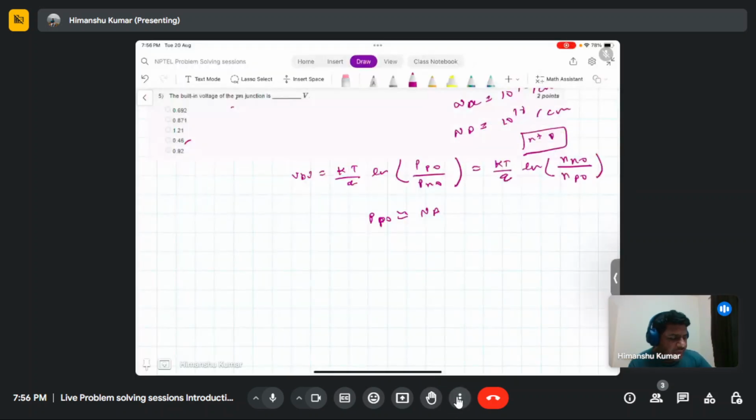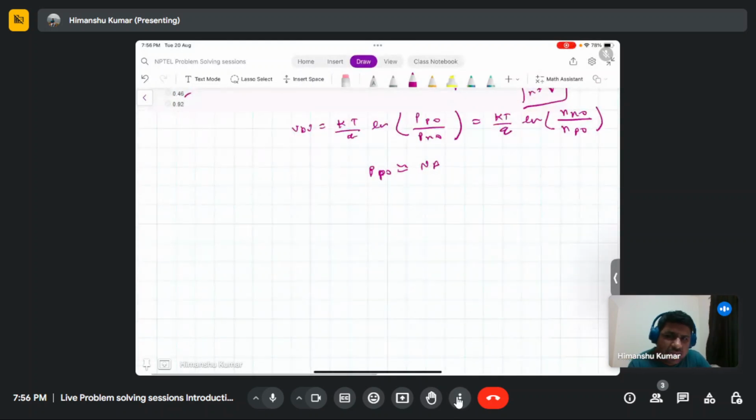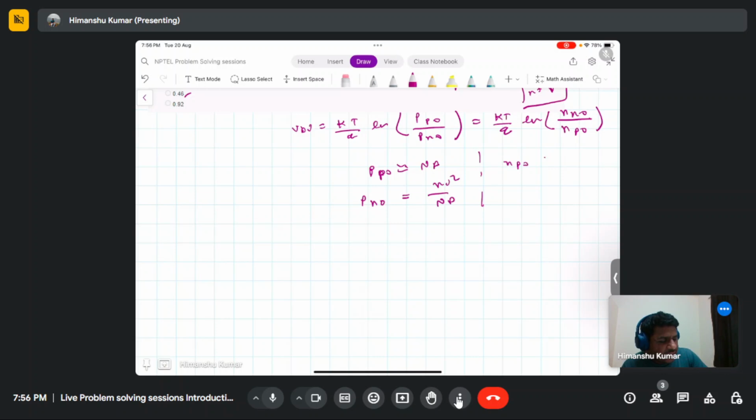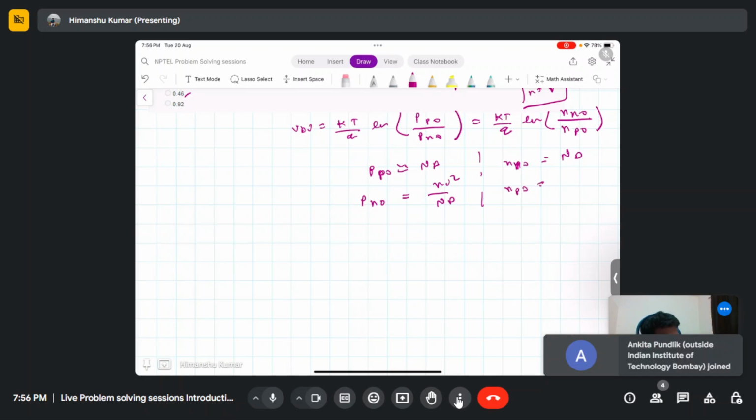And pn0, the hole concentration on the N side, is equal to Ni square by Nd. Similarly, nn0 is Nd and np0 is Ni square by Na.